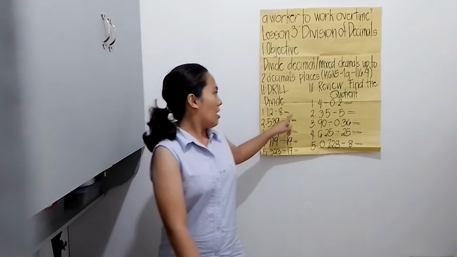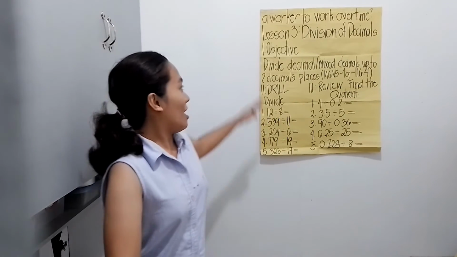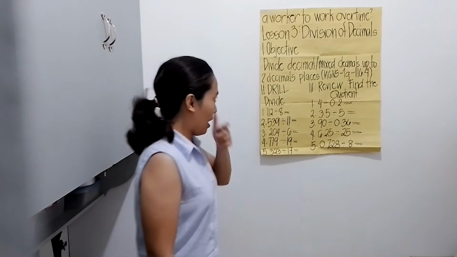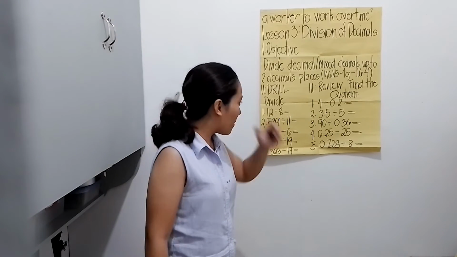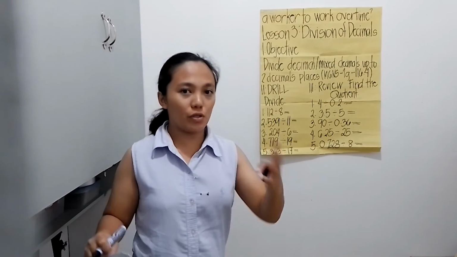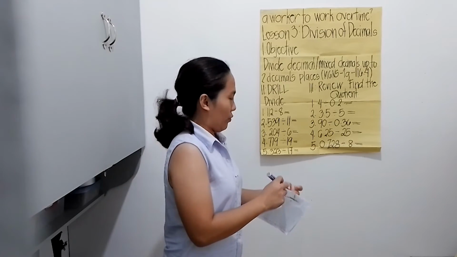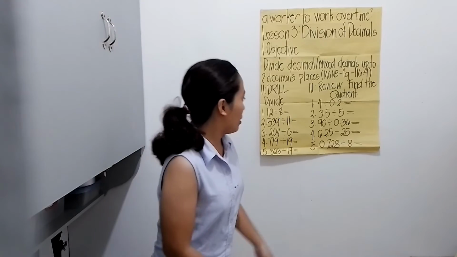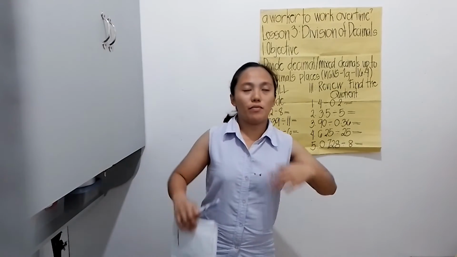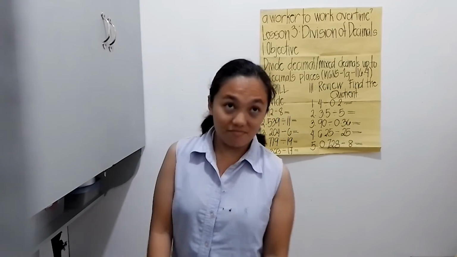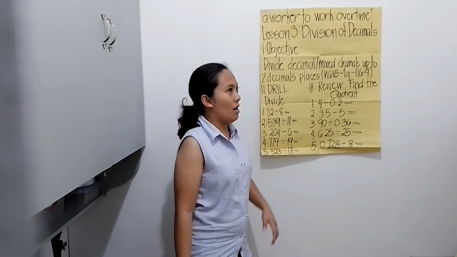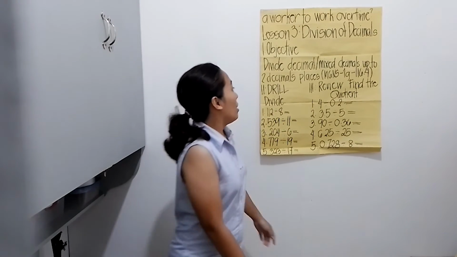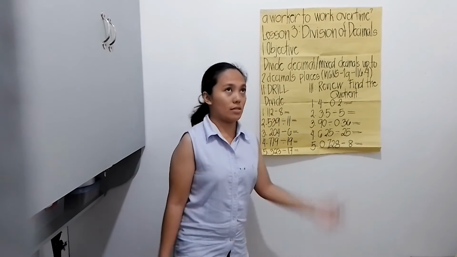Now, as you can see, all of these decimal numbers or mixed decimal numbers have 2 decimal places. There are 2 decimal places, which is divide and quotient. So now you all understand what is the meaning of decimals or mixed decimals.